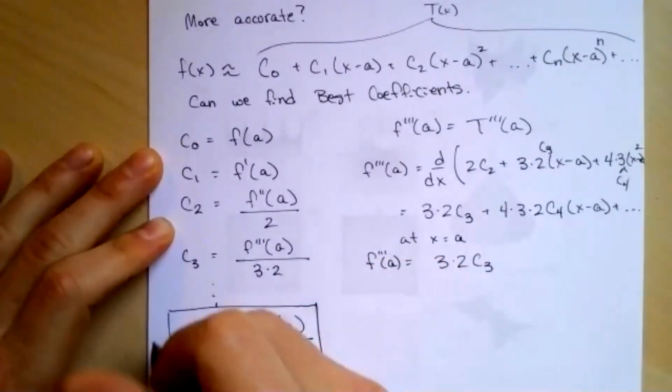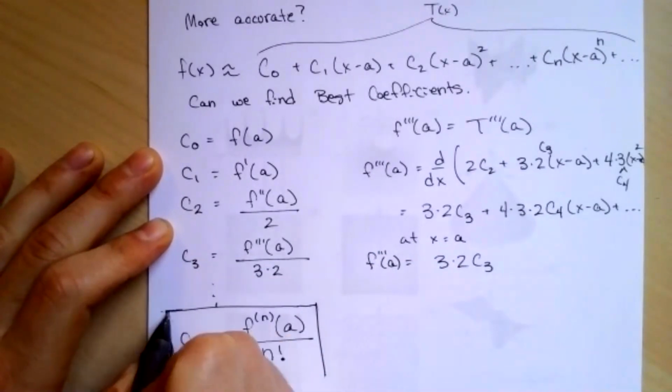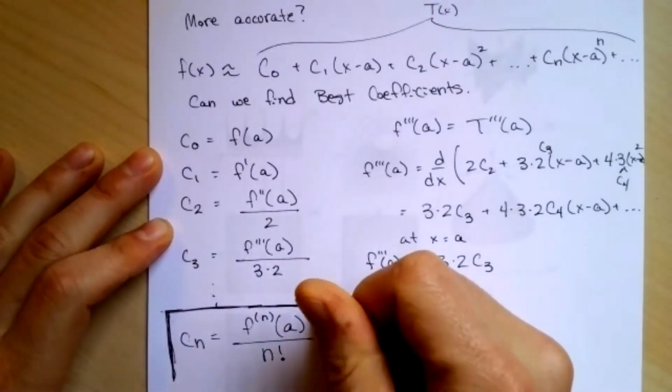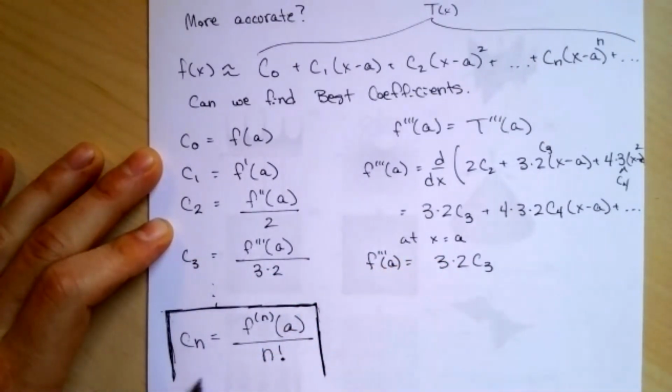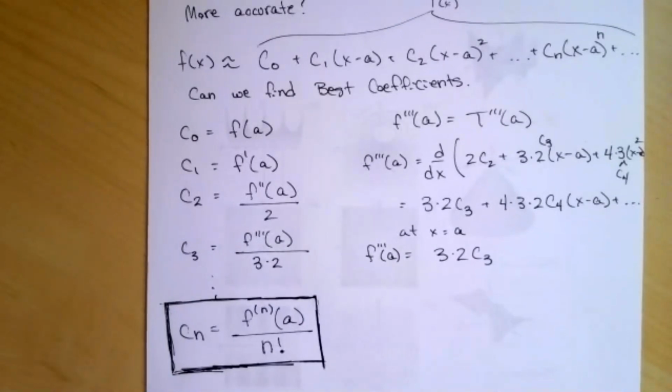It tells us that if we want to create a series, if we want to create an approximating polynomial for any given function that has derivatives up to all orders, then the coefficients of the polynomial are related to the function by the function's derivatives divided by n factorial, where n is the number of derivatives.